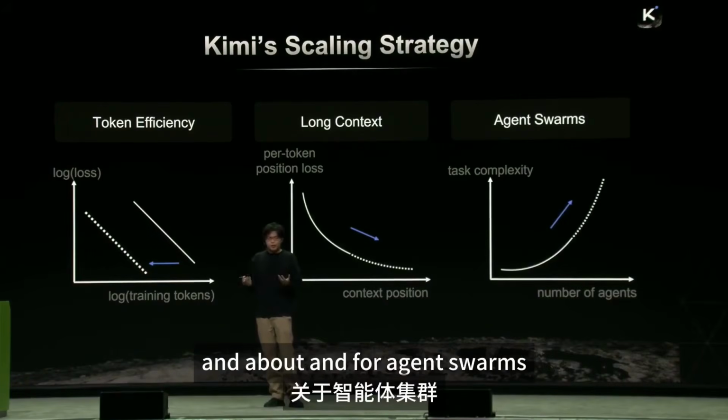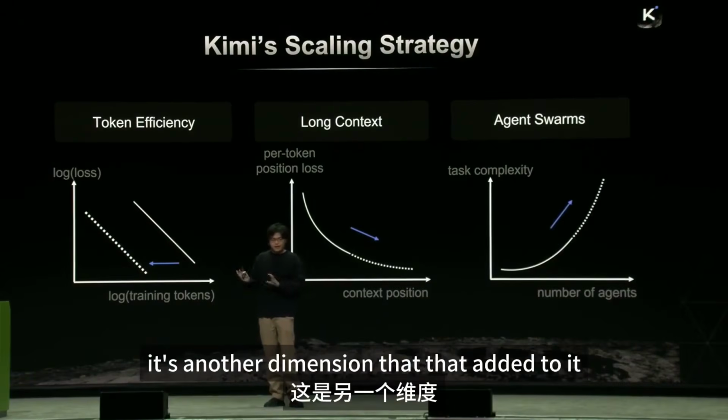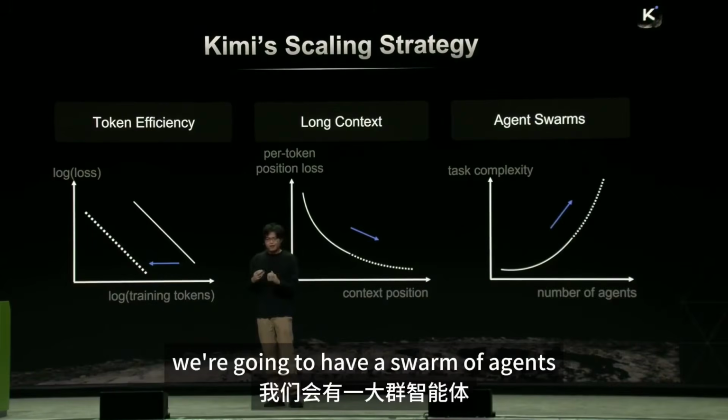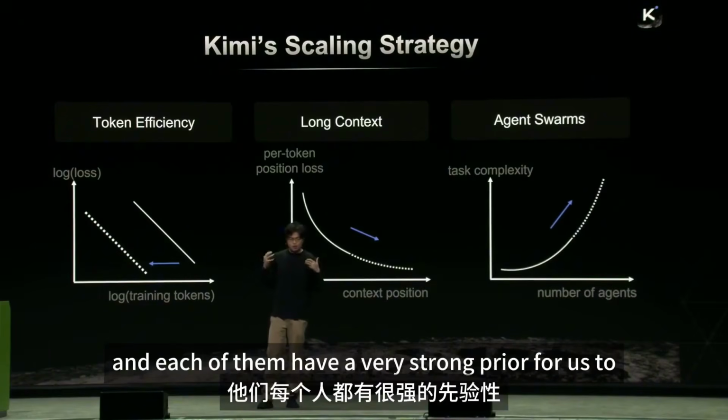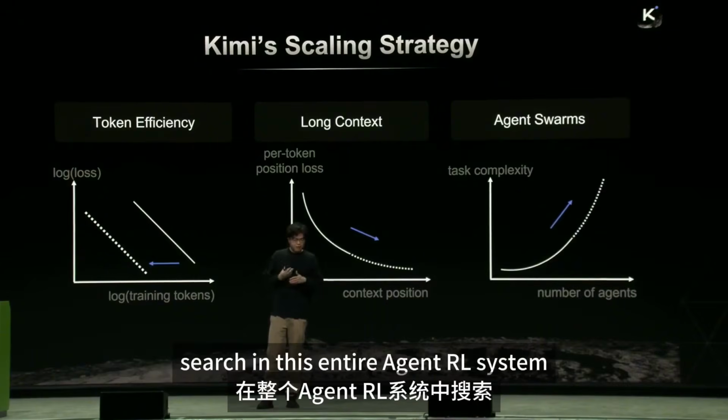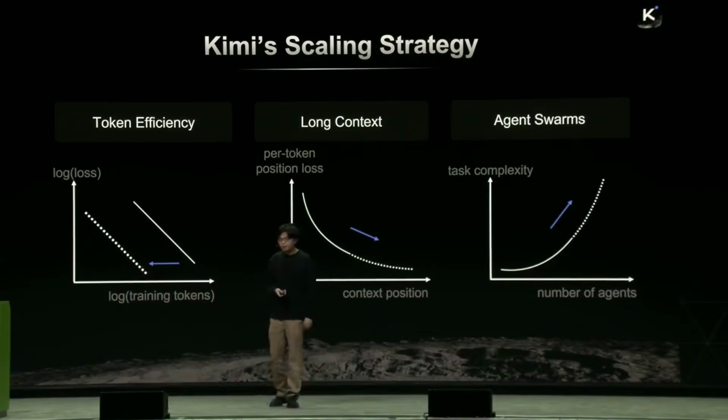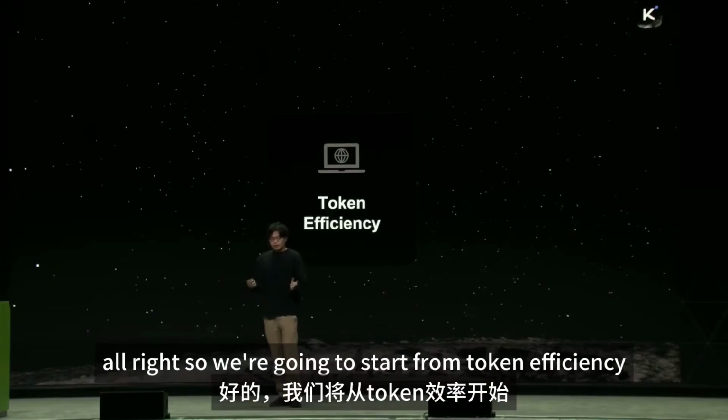And for agent swarms, it's another dimension that adds to it. And at the end of the day, we're going to have a swarm of agents that each of them have a super long context, and each of them have a very strong prior for us to search in this entire agent RL system. All right, so we're going to start from token efficiency.